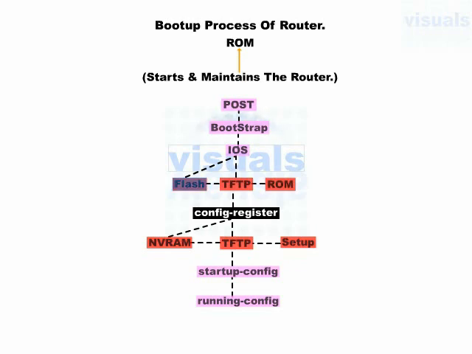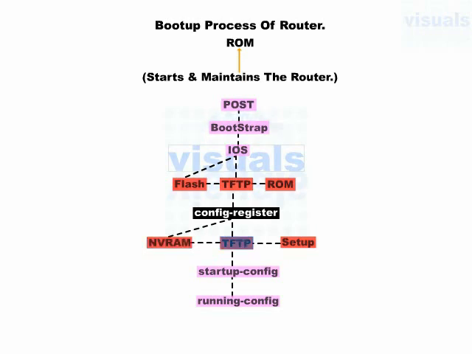After getting the IOS image, it looks for the configuration register settings. By default, the configuration register setting is 0x2102, which means to find the configuration file in NVRAM. Here the IOS image looks for the configuration file in NVRAM. If it fails to locate it in NVRAM, then it locates the configuration file on a TFTP server.